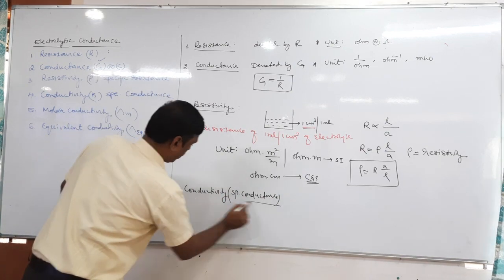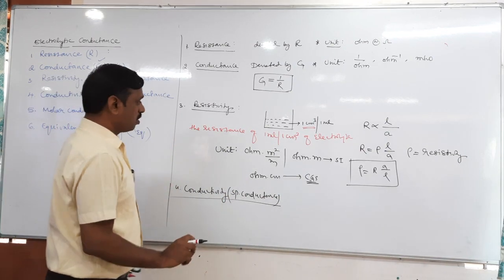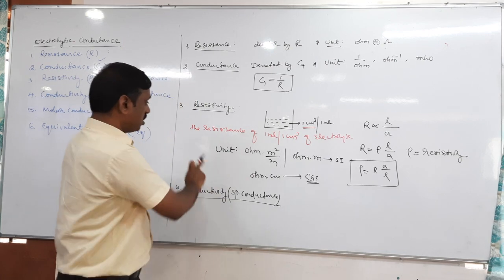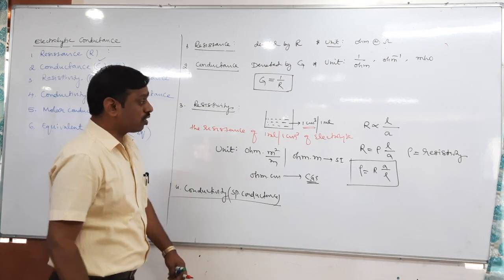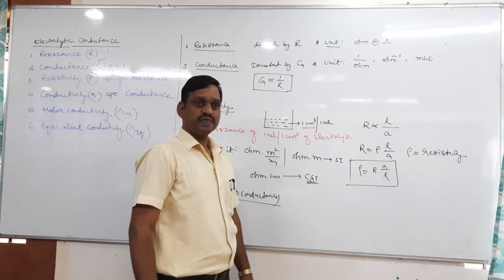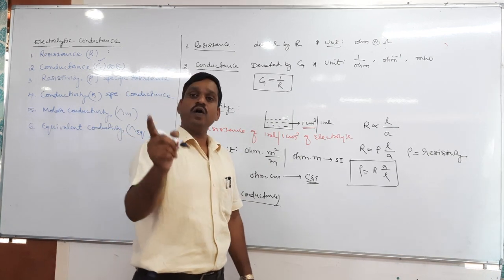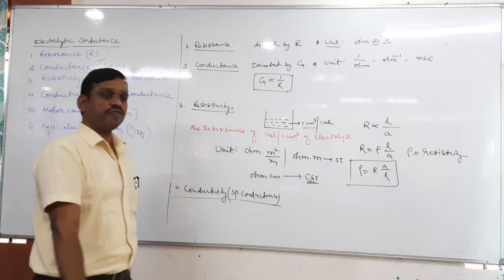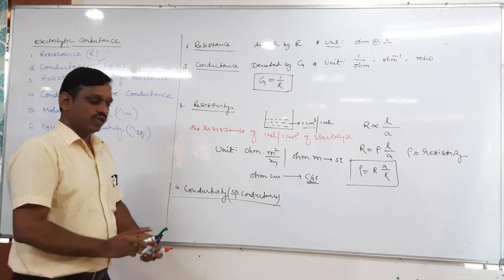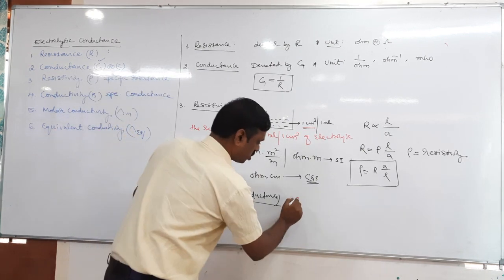Okay. Now tell me, resistivity is the resistance of 1 ml or 1 cubic centimeter of electrolyte. Then what is the conductivity? The conductance of 1 ml or 1 cubic centimeter of electrolyte solution. Therefore, let us take here also the same.